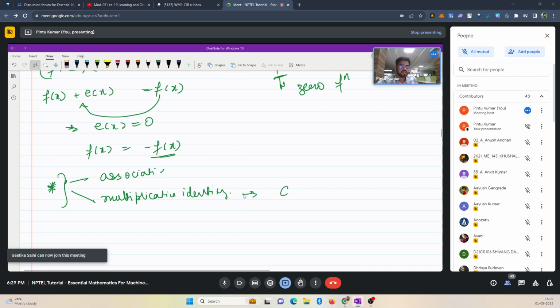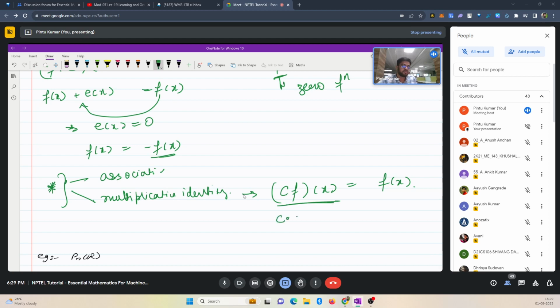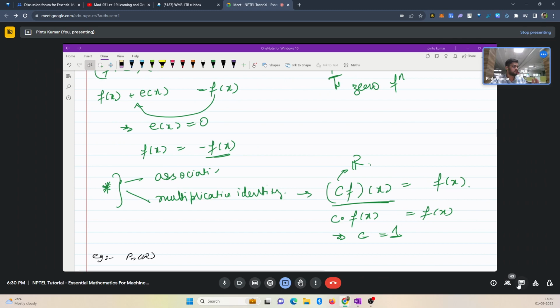What you want is that c f of x should be equal to f of x. So if you break the left hand side according to the rule mentioned above, this should be f of x. What does this mean? C should be 1. Now C is an element of real number. Just remember that this multiplication is with the scalar.